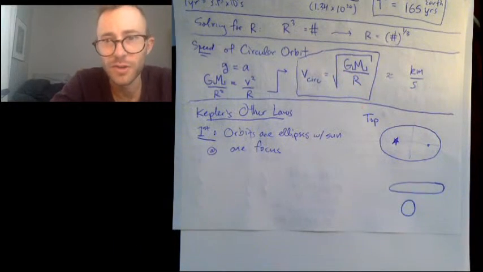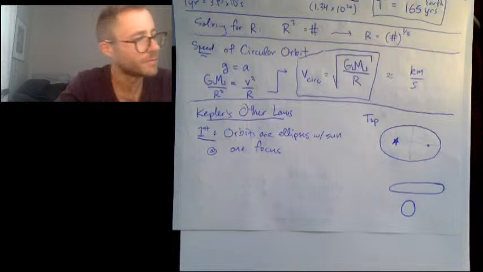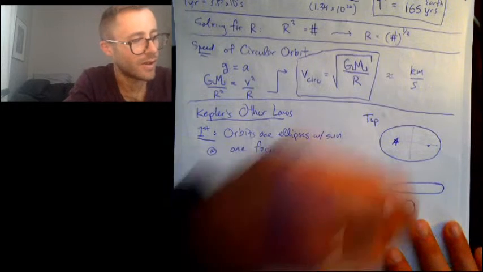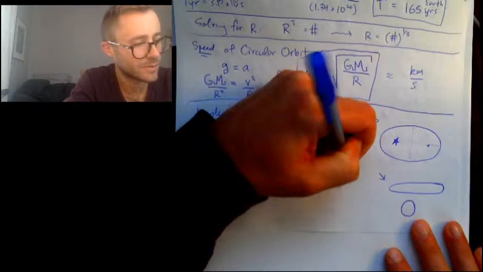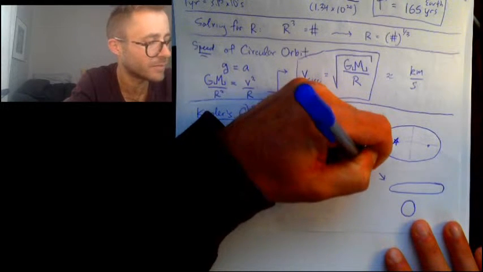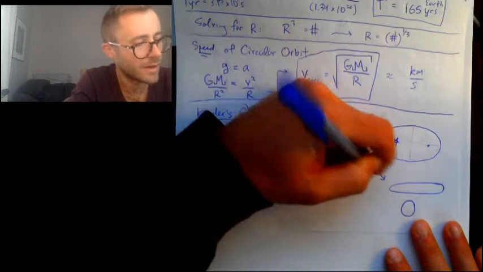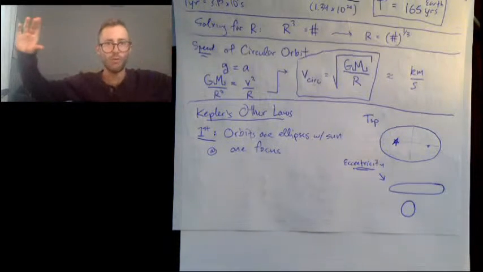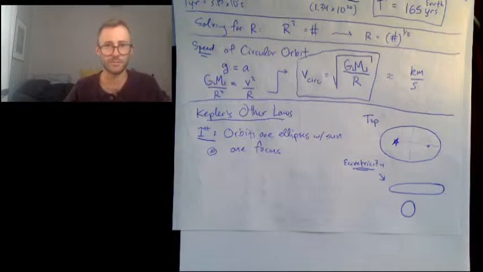Okay, so the more flattened the oval is, the higher the eccentricity. There's a word in astrophysics, it's called eccentricity. And the bigger the eccentricity is, the more ovally the orbit is.